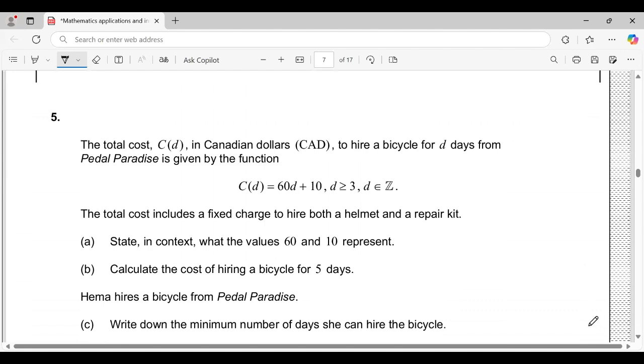The total cost includes a fixed charge to hire both a helmet and a repair kit.